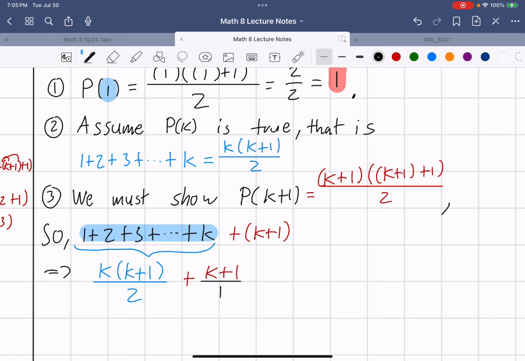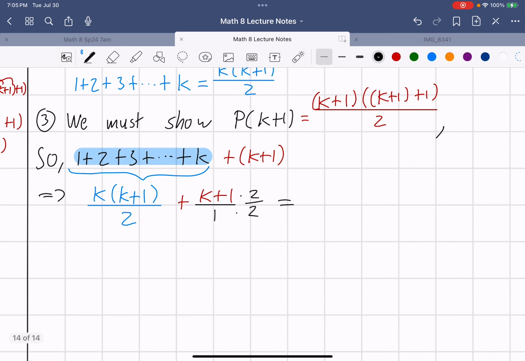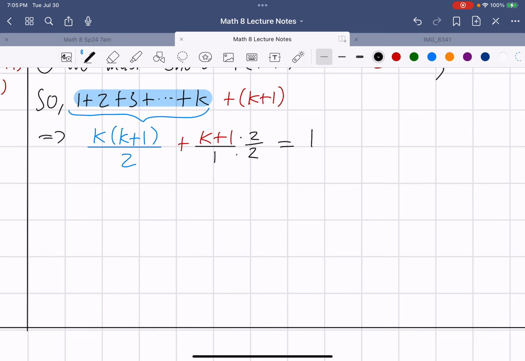And right now, if I put k plus 1 as a fraction, the denominator would be 1, and then I would multiply by 2, and that's kind of the trick for this one, multiplying by that 2, because then that lets me write k times k plus 1 over 2, plus 2 times k plus 1 all over 2.